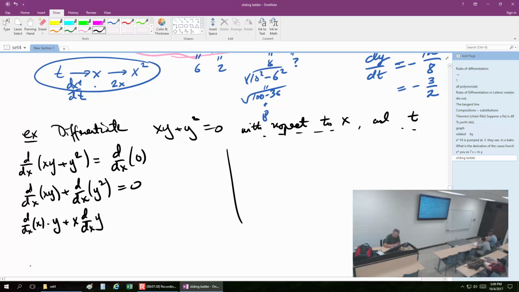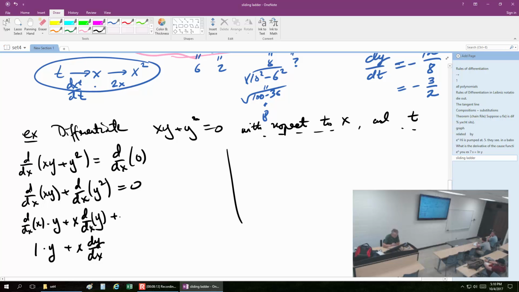And then let me carry it out. So d/dx of x is, is it 0? No, it's 1, times y. And then d/dx of y is simply dy/dx. It's a differentiation of y with respect to x, and since we don't know what y is, we just write its derivative. So that's the first term.